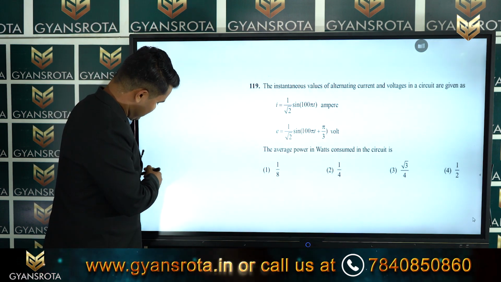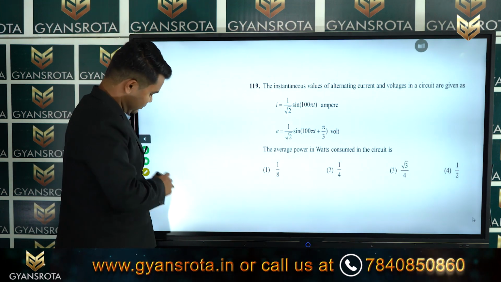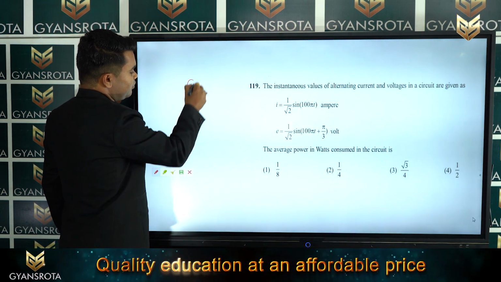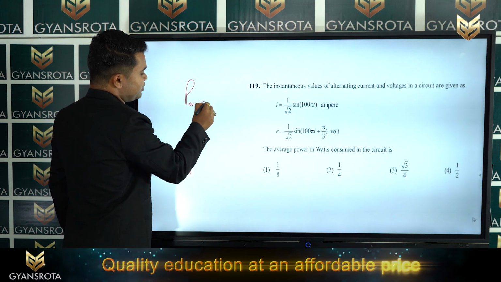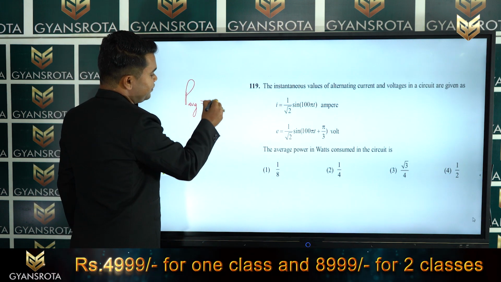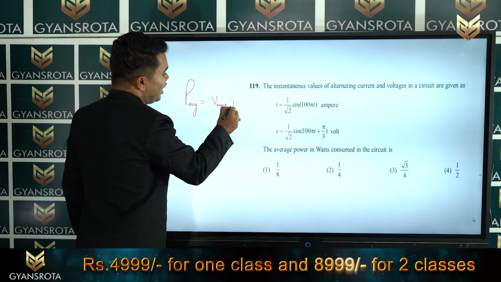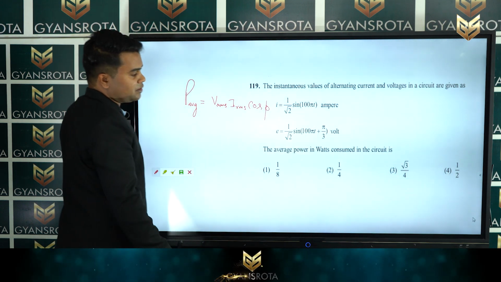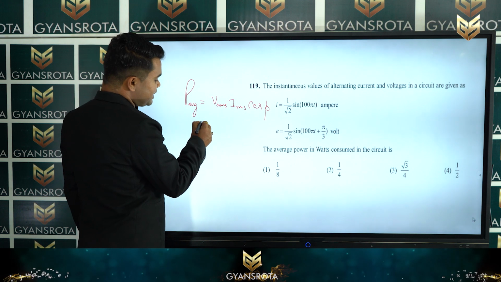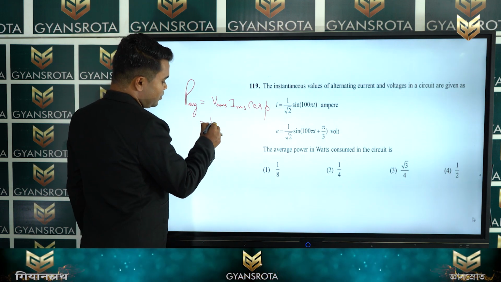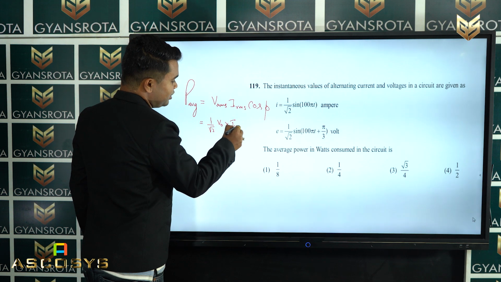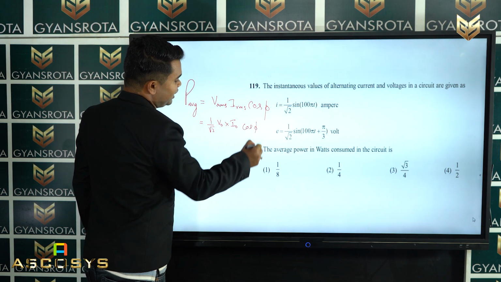So the formula for average power is P average is equal to VRMS IRMS cos of phi. Fine. So this can be written as 1 by root 2 of V naught multiplied by I naught cos of phi.